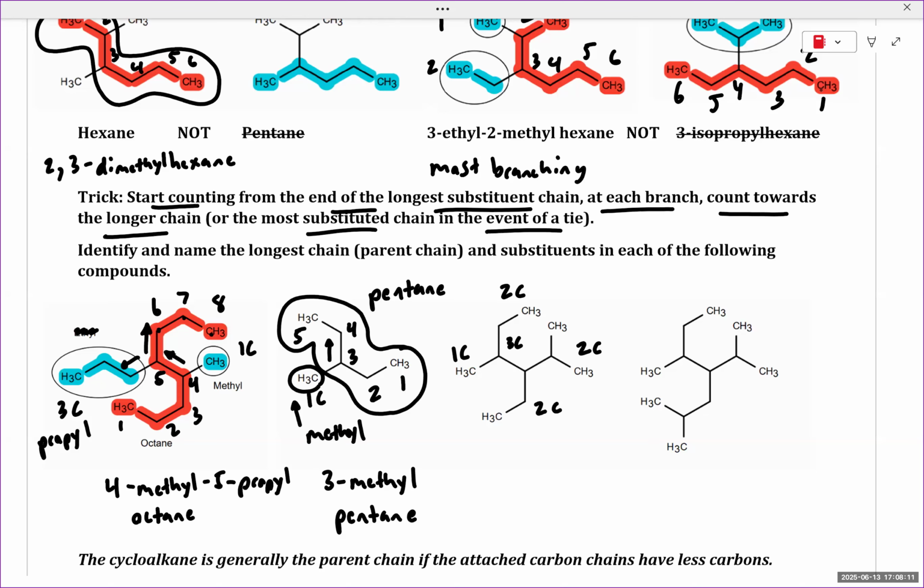And since this chunk here is 3 carbons, we're going to start counting down. 1, 2, 3. We have a choice between 1 carbon and way more than 1 carbon. So we're going to count to the right. 4. Now we have a choice. They're both 2-carbon chains, but this one is more branched. So we're going to count towards the more branched chain, 5, 6. So this in turn gives us 1, 2, 3, 4, 5, 6, a 6-carbon chain.